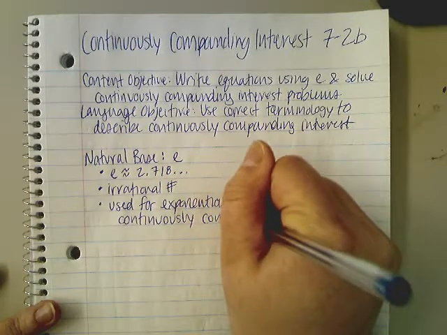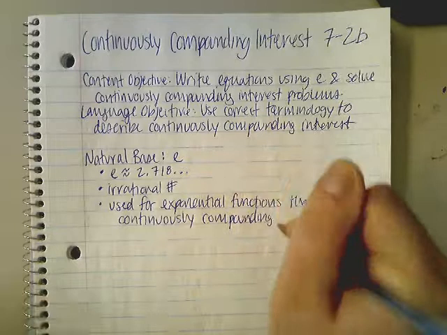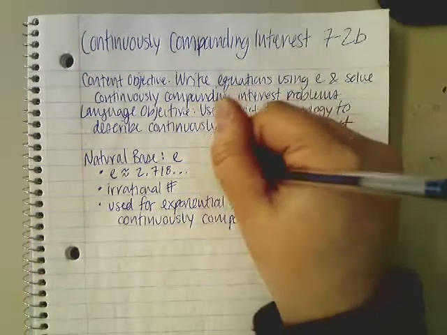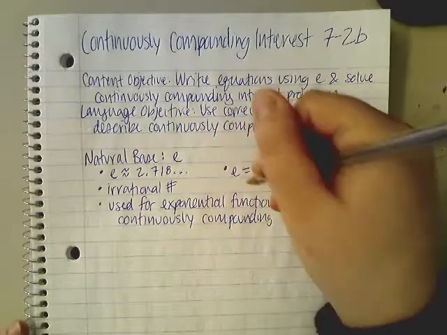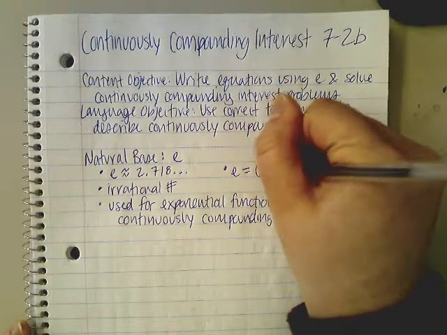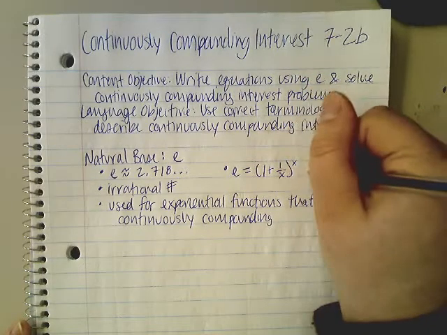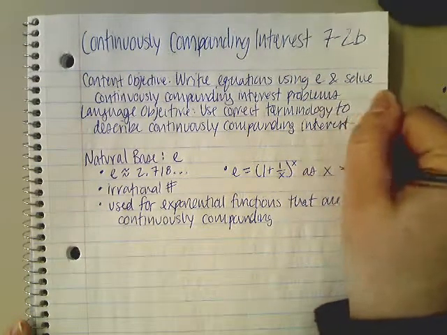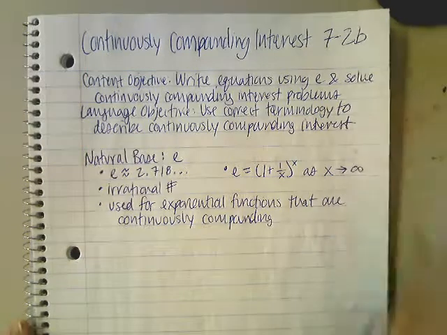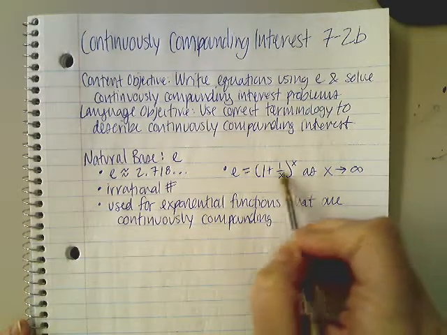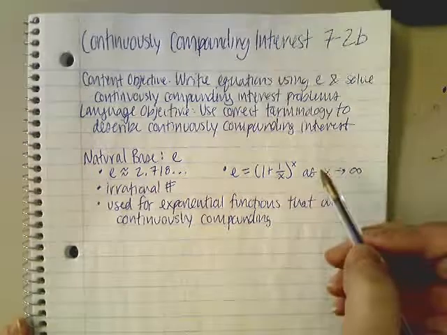But before we get there, one other thing I want to note is that E is equal to (1 + 1/x)^x as x approaches infinity. As we plug in infinitely large numbers, that's how we get such a crazy long decimal.